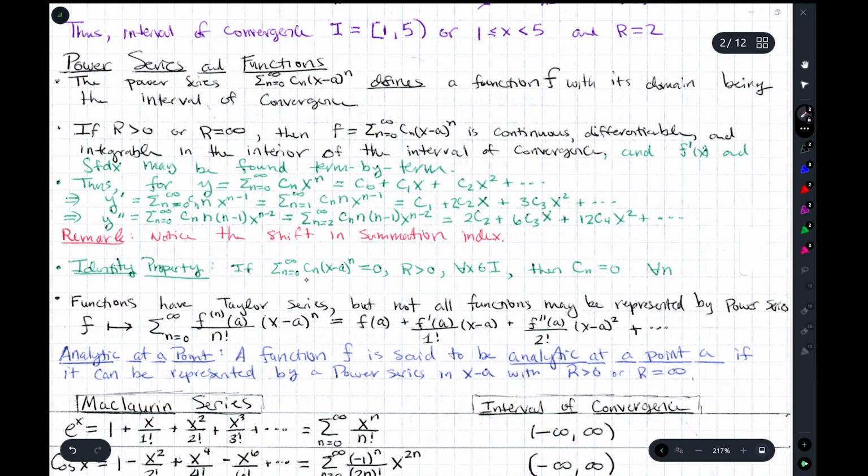You could imagine cancellations within these terms that, although they're non-zero, you get some cancellations and get 0 at the end. So it's not a trivial question. But it turns out that with the radius of convergence being positive, if you do have this, then you know that all these coefficients have to be 0.